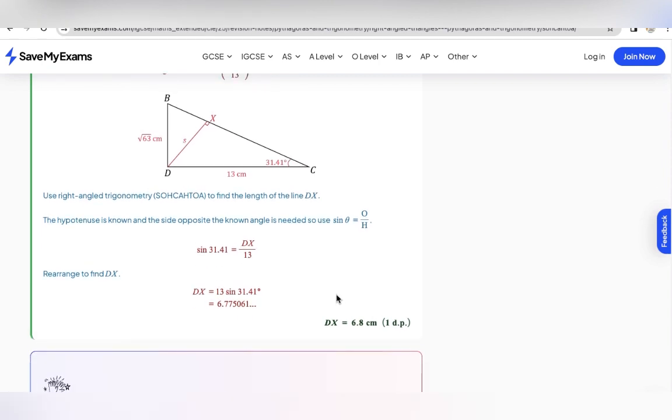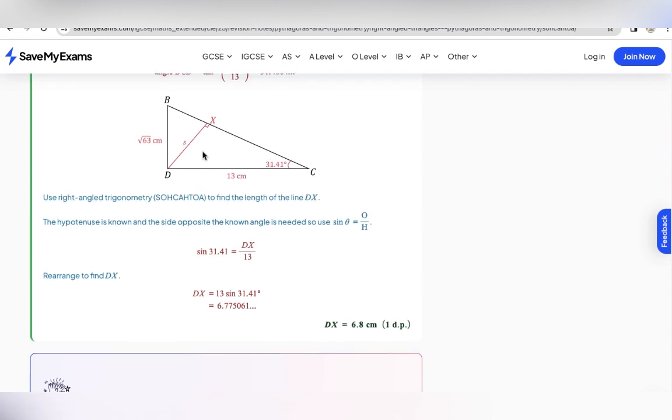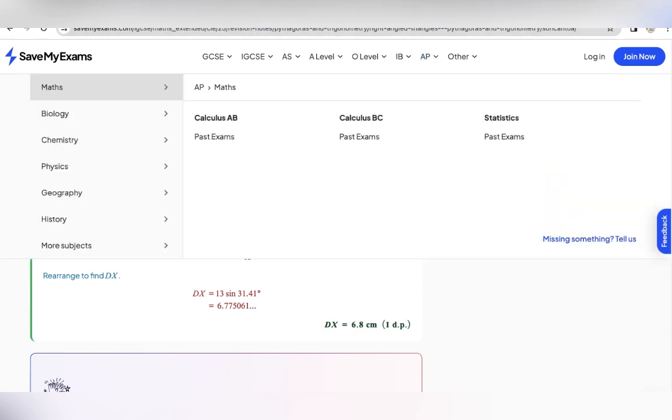To find DX, we can say the sine of this angle. Sine, you know, is opposite over the hypotenuse. This is the hypotenuse side. Let's say, for example, let's redraw the BCD triangle and let's find DX.